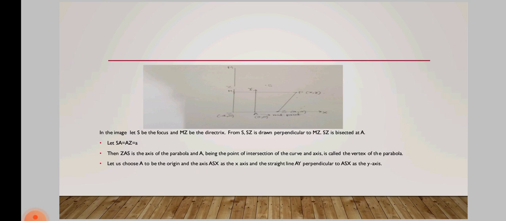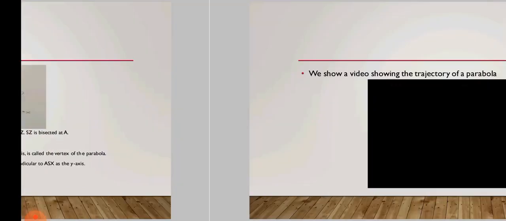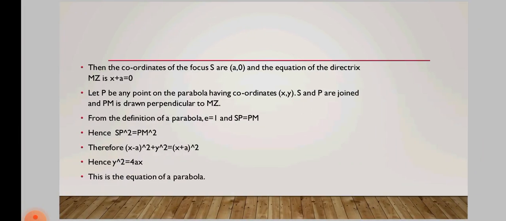The distance between the point P and S is given by root over (x minus a) whole square plus y square, and the distance between the line and the point P is given by x plus a. So root over (x minus a) whole square plus y square is equal to x plus a, and squaring that, we get y square is equal to 4ax. So this is the equation of the parabola.